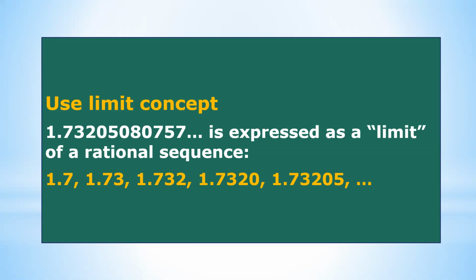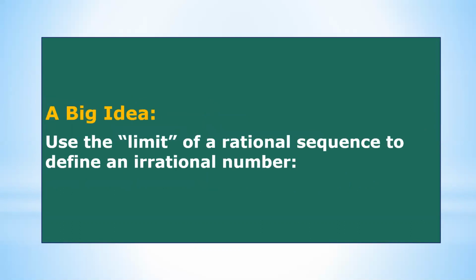Roughly, you can see this sequence somehow approaching this number. So here comes a big idea: you use the limit of this rational sequence to define the irrational number. That's the idea behind the theory.